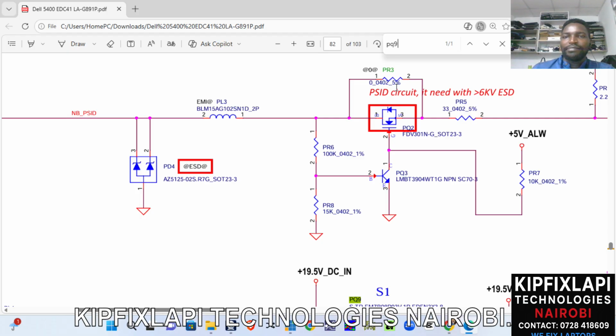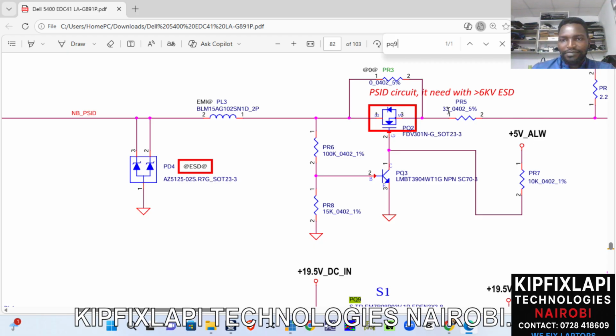Then we also have another MOSFET. This is BQ2, another MOSFET which is still along that main signal line. This MOSFET is connecting to another resistor here, PR5, and this resistor has 33 ohms.